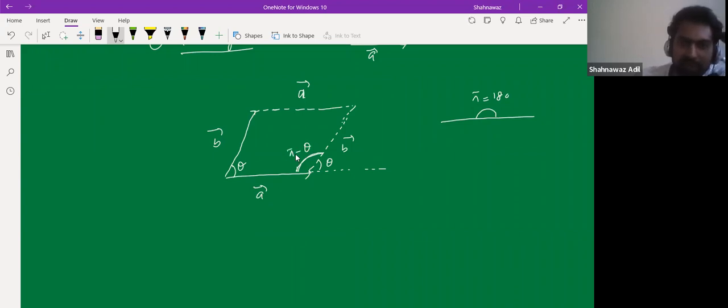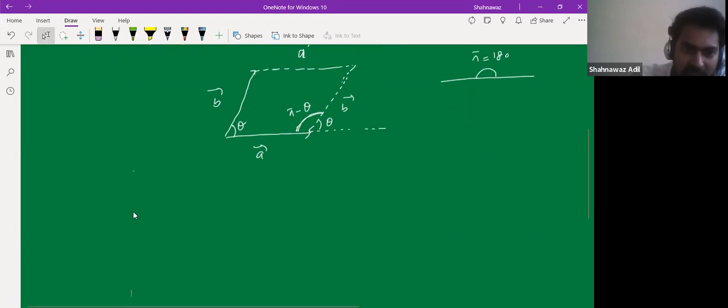Okay. So before I calculate the magnitude and direction of this vector, let me revise two very important properties of a triangle. Okay. So, a recap of a triangle.